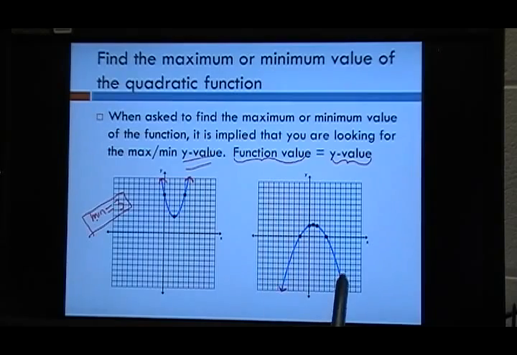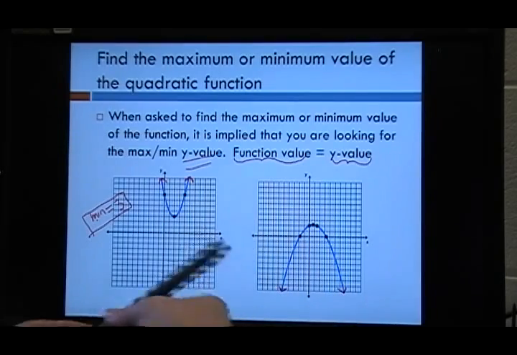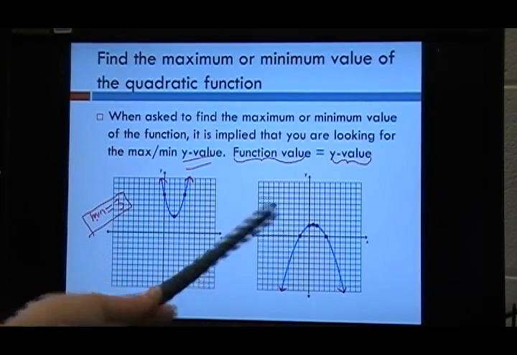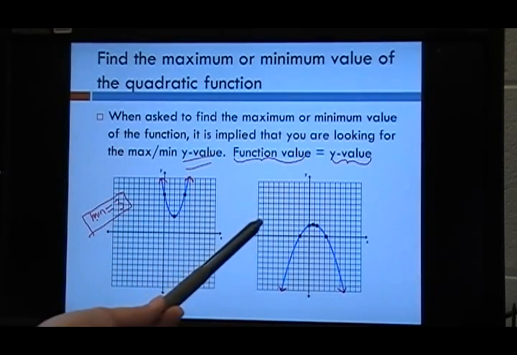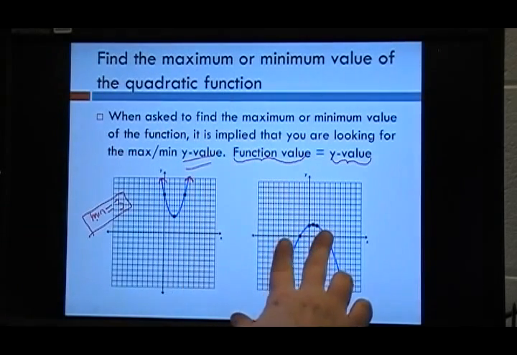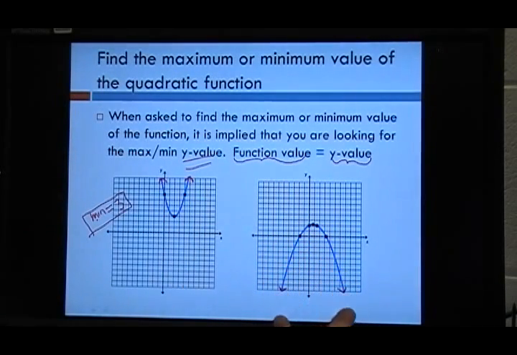When we look at this parabola, I'm trying to decide first, do I have a maximum or do I have a minimum? Do I have a highest point? Do I have a lowest point? Okay, this parabola is going down, and it keeps going down forever, meaning it does not have a lowest point.